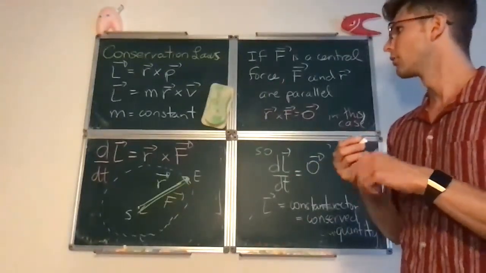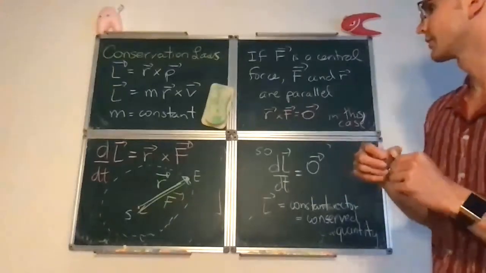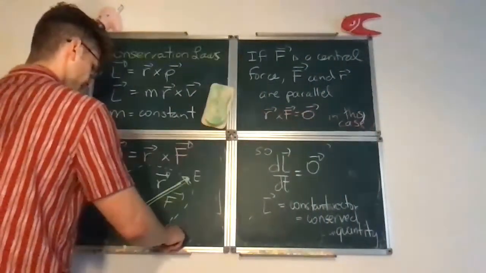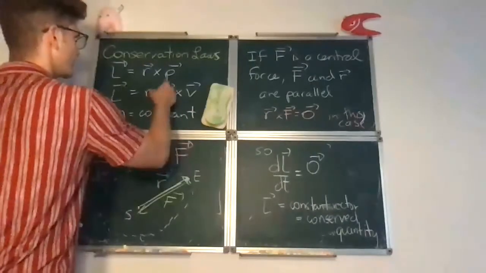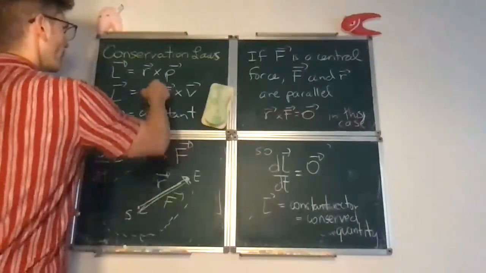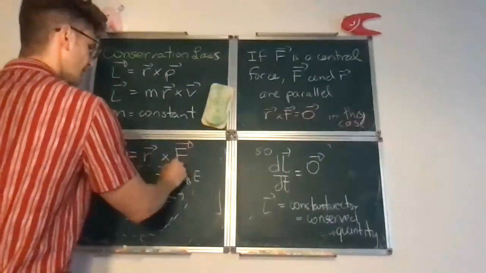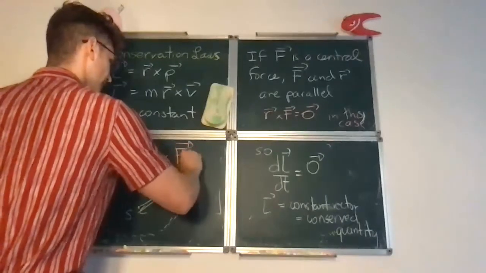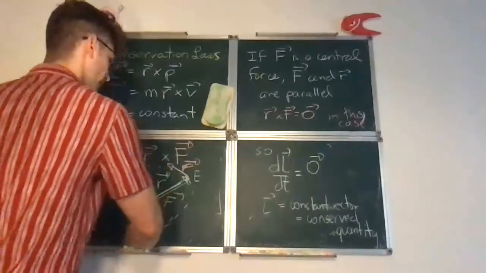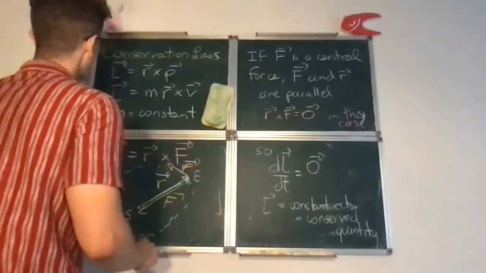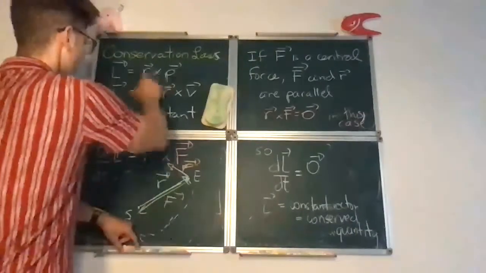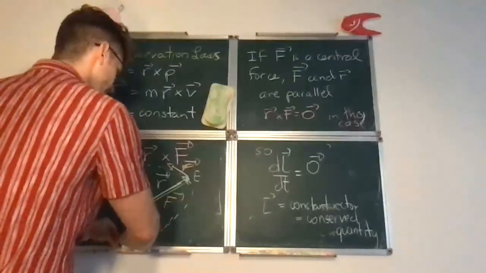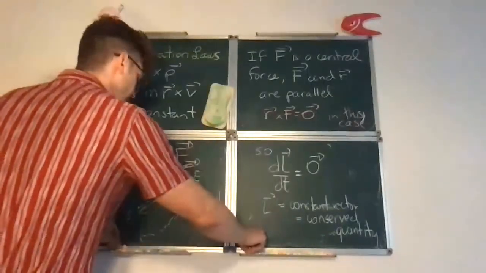And now, what does it mean to say that L is conserved? Well, remember that L, the angular momentum, is just, so here's r, p is just a multiple of the velocity. The velocity is tangent to the curve or to the orbit of the planet. So here's p. And so you have this vector L, which is the cross product of these two, but remember the cross product is a perpendicular vector to the given ones.